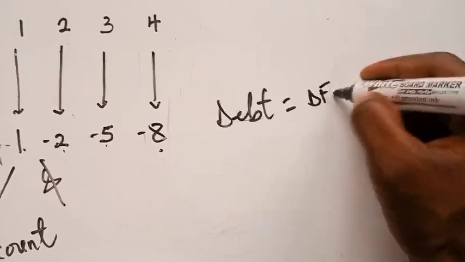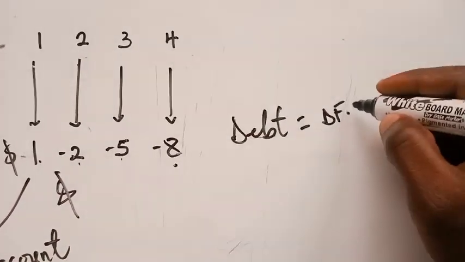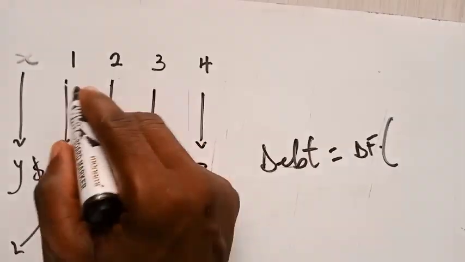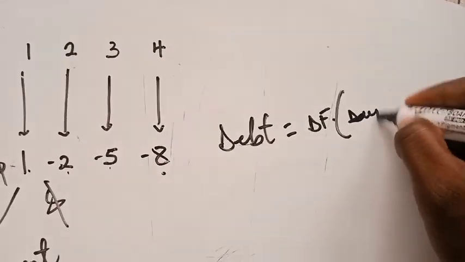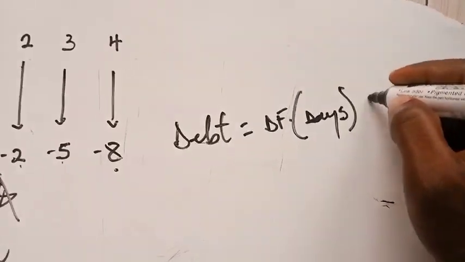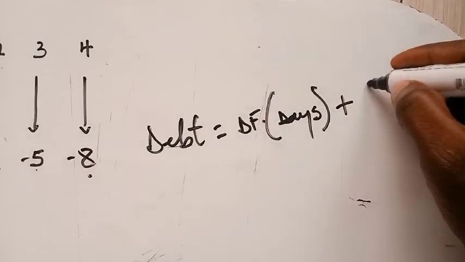You see, this is the difference that I'm talking about, and then let's multiply by the days, the days that you are having, and then plus some unknown amount, right?